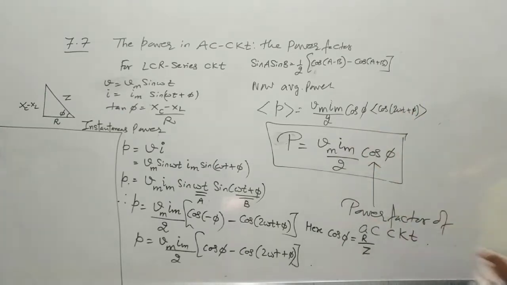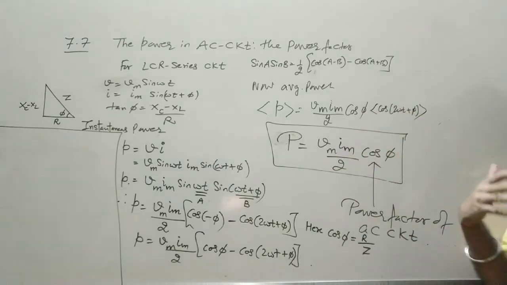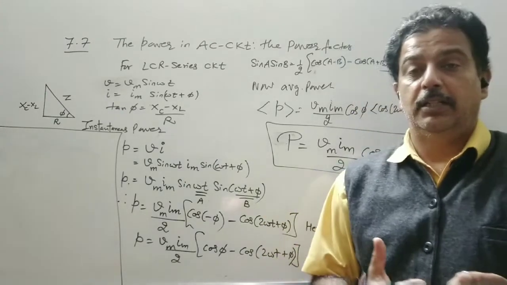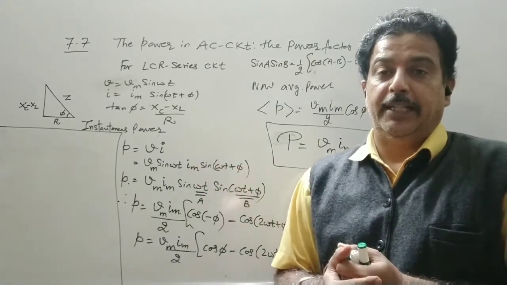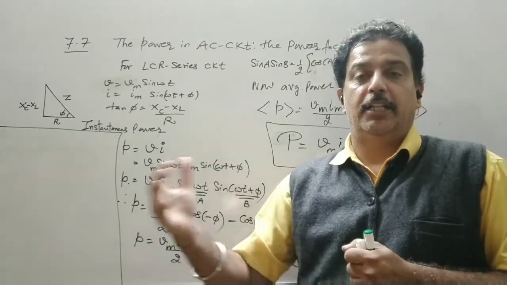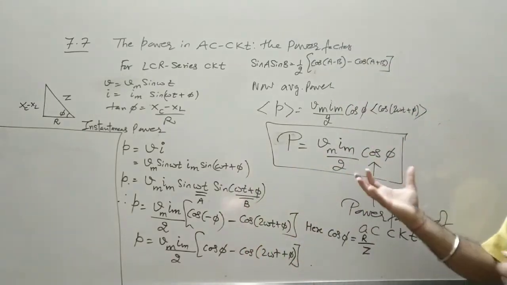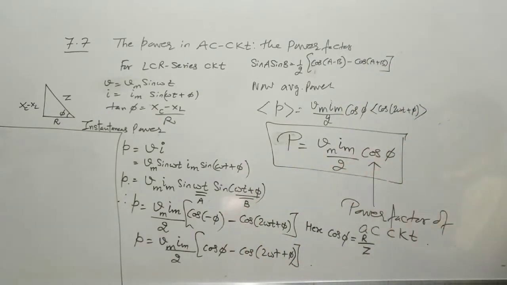So this is the general formula. Now let us see whether the formula we derived for an AC circuit containing resistor, inductor, capacitor holds good by this formula. This is called a general formula. This formula can also be written as P is equal to I square R cos of phi. We know that this I is equal to I RMS, so you can convert this formula into the form of RMS.